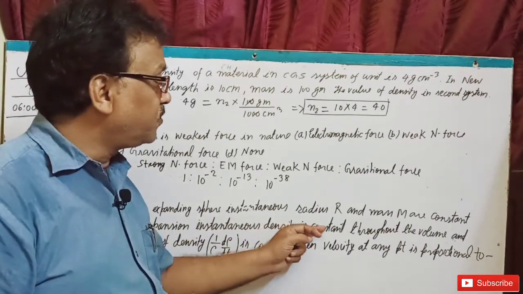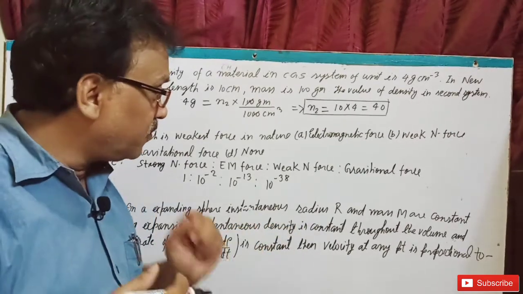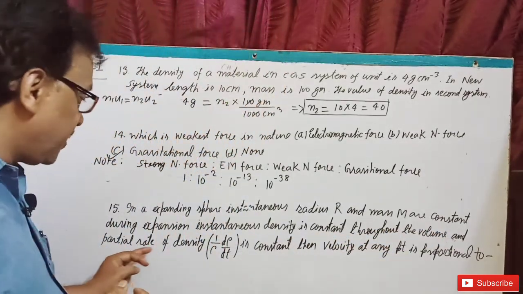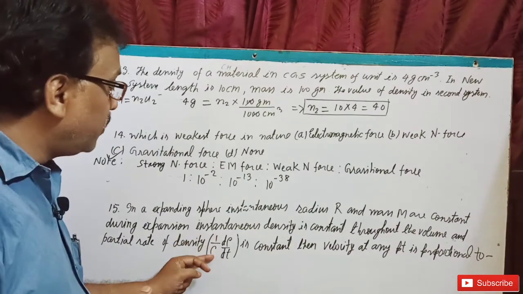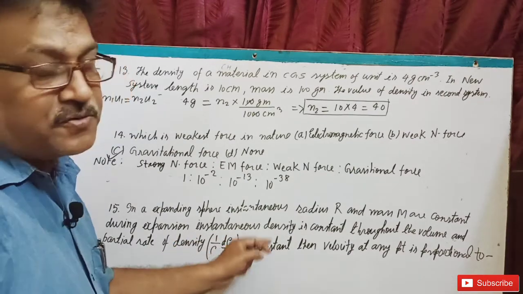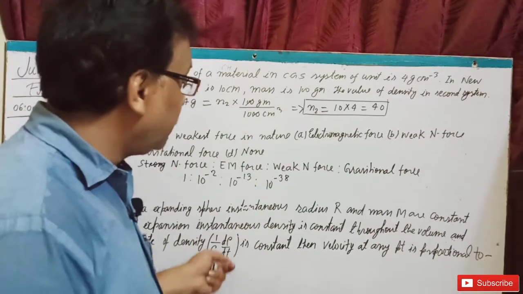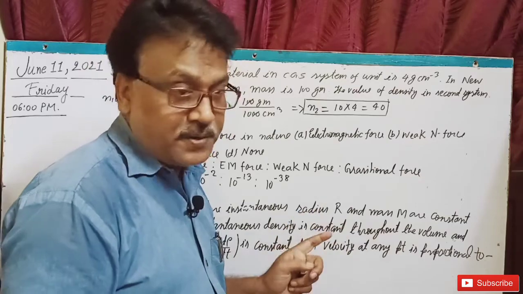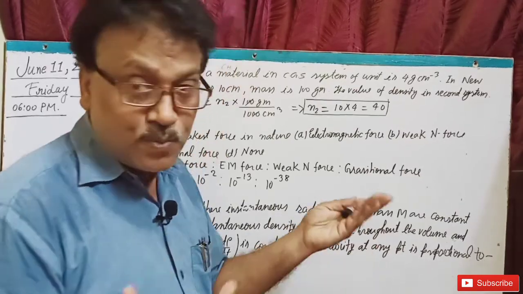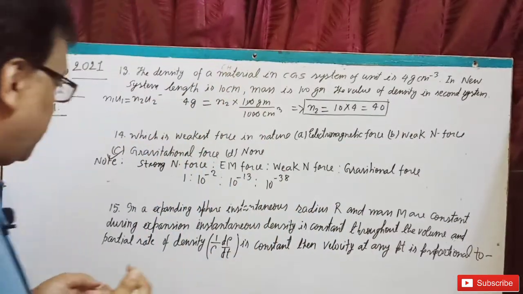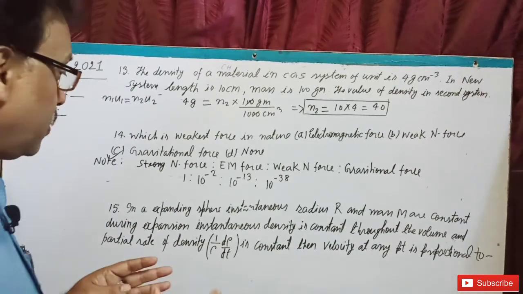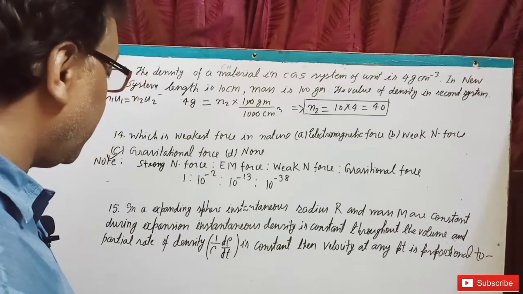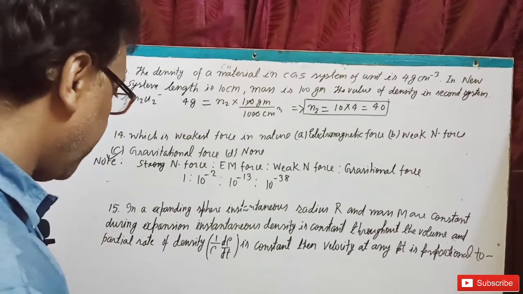Instantaneous density is constant, density is also constant throughout the volume, and the partial rate of density, 1 upon rho d rho by dt, is constant, that is, the density's factor is also constant. Then velocity at any point is proportional to how much? There are a few options, but we solve it directly. How should it depend?